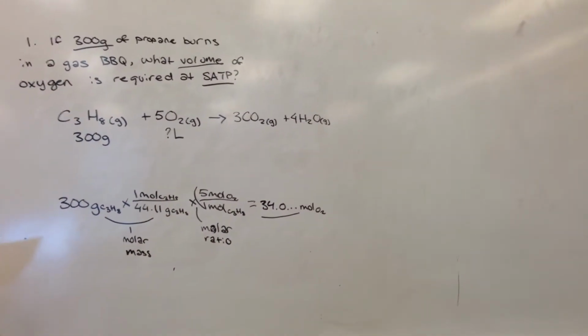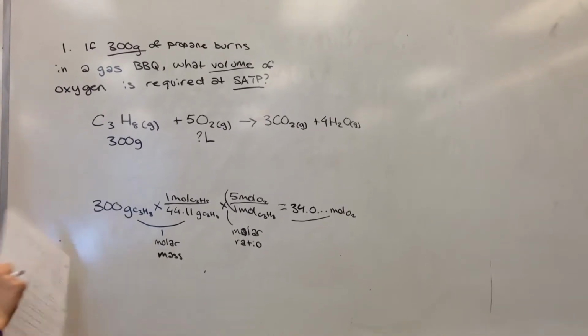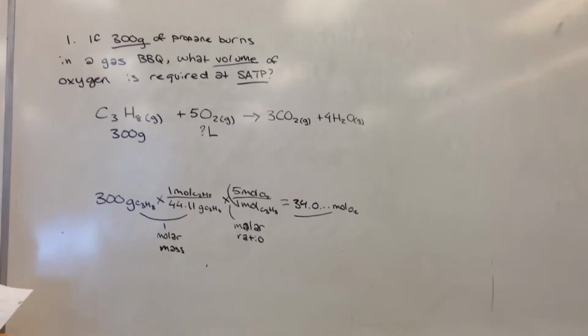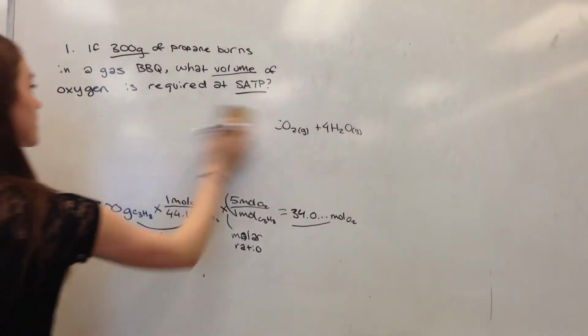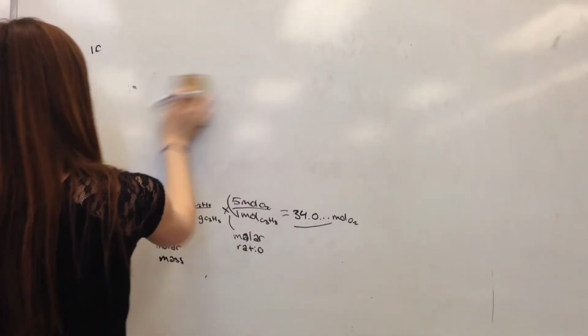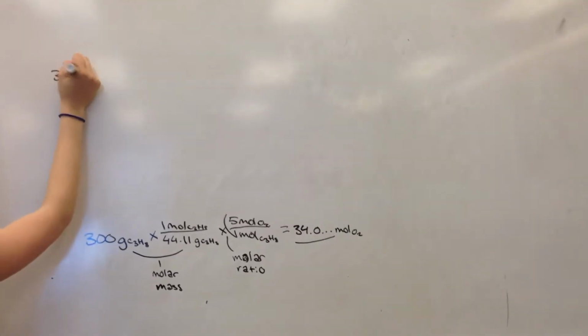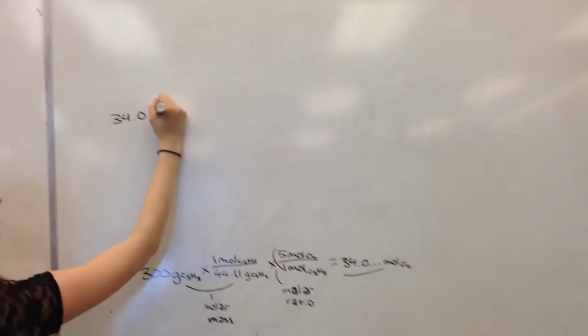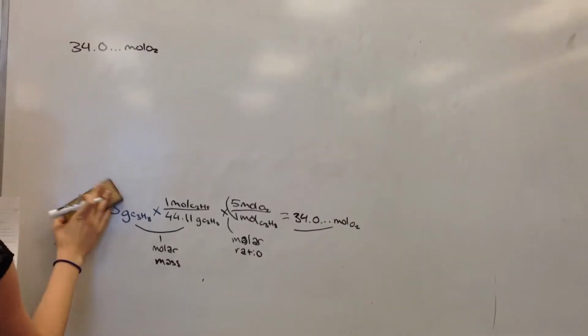Okay, so from here, we need to find the volume of the oxygen. And there's 3 different ways to do this. So I'm just going to erase this. So we know that we have approximately 34 moles of oxygen.